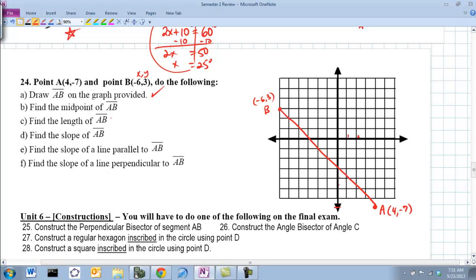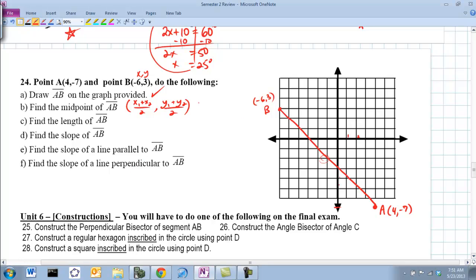Find the midpoint of AB. Now the temptation for a lot of students is to just eyeball it and say, that looks like about the midpoint, so I'll just call it there. That's not a bad place to start, but that's not good enough to be absolutely sure. The technique that we used for finding the midpoint is to add the two x coordinates and divide by 2. What we're really doing is taking the average of the x coordinates and the average of the y coordinates.